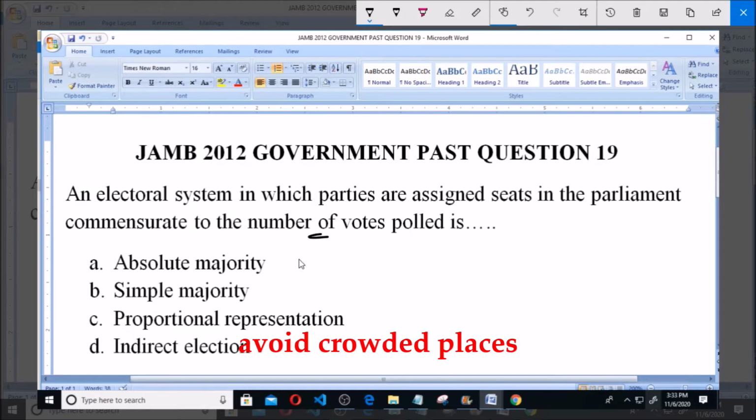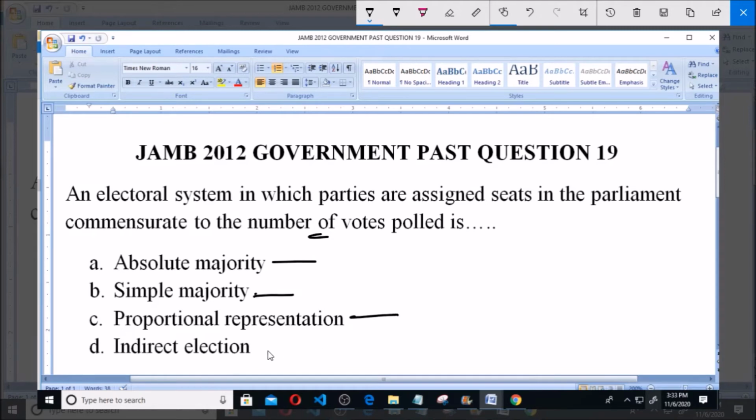A. Absolute majority. B. Simple majority. C. Proportional representation. D. Indirect election.